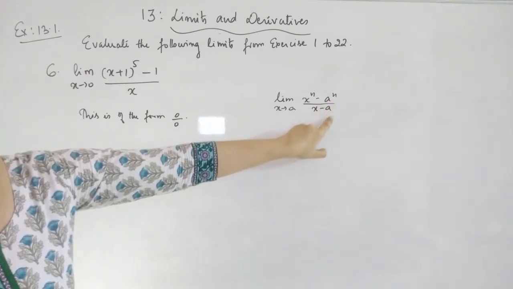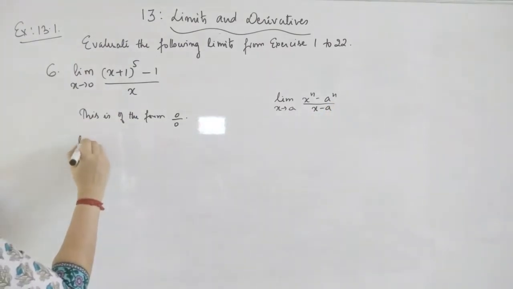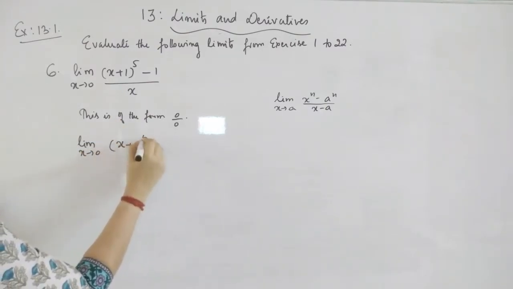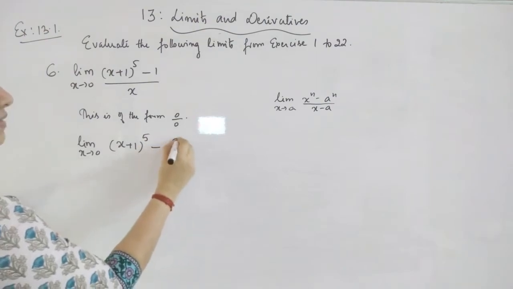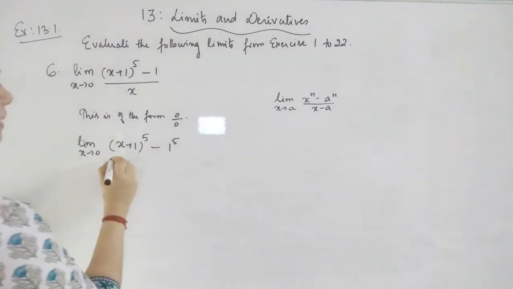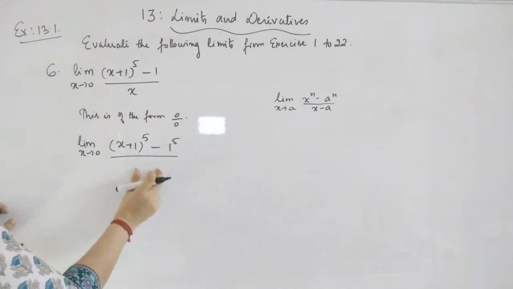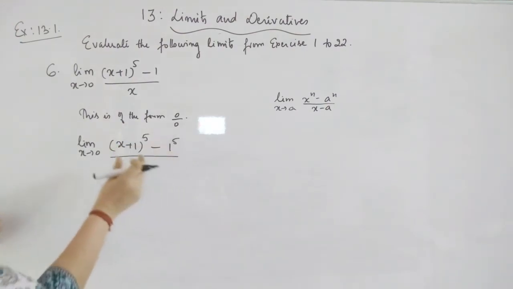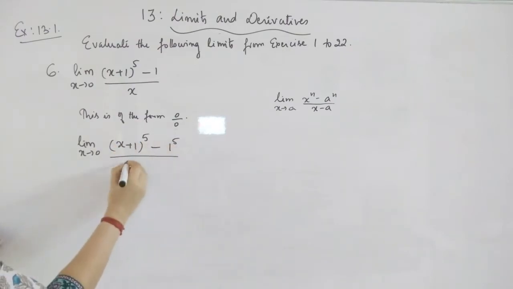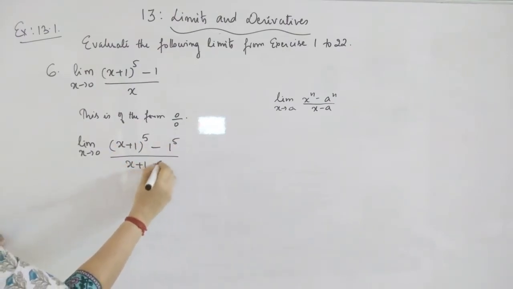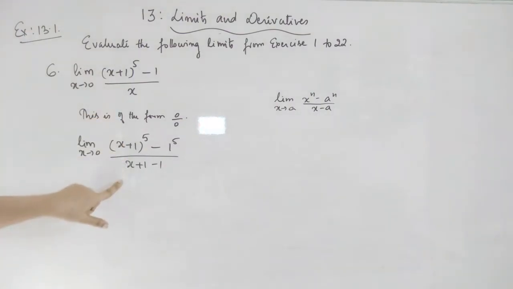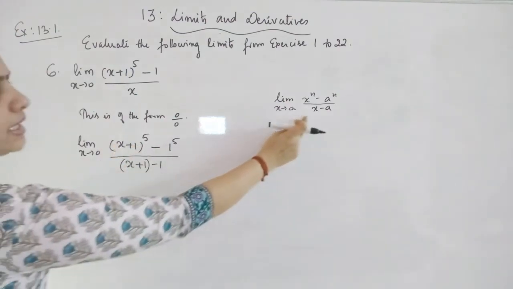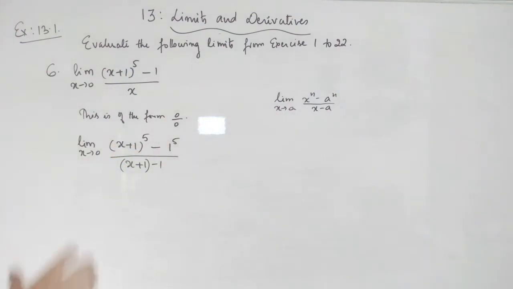So I am rewriting the question as (x plus 1) the whole raised to 5 minus 1 raised to 5, which is the same 1, and the denominator x can be written as, I am just adding and subtracting 1, so x plus 1 minus 1. There is no change, it is again x only, but I will put a bracket here so that you can compare with that form.